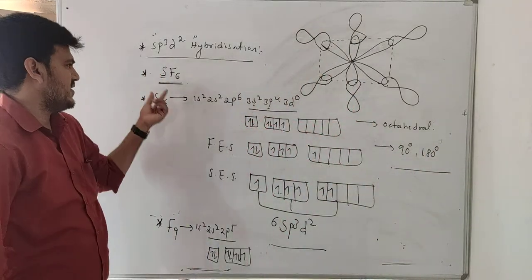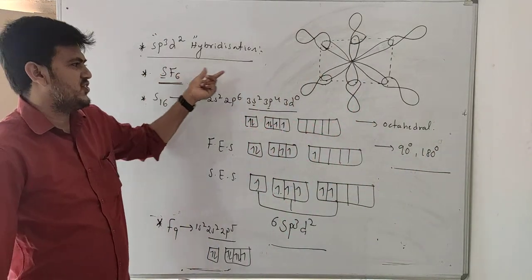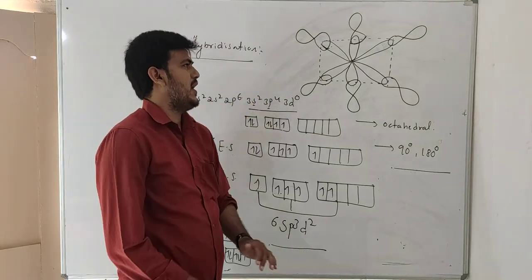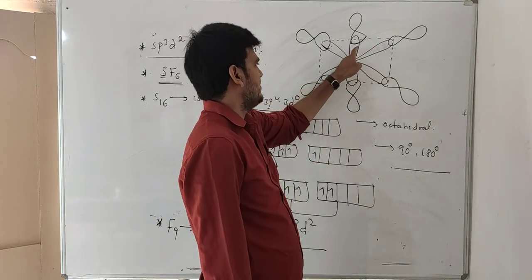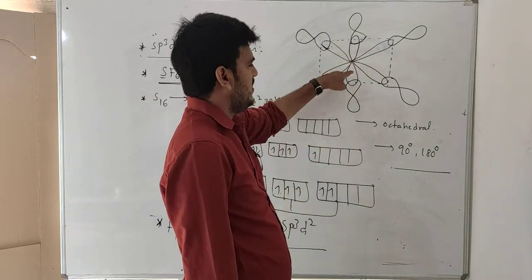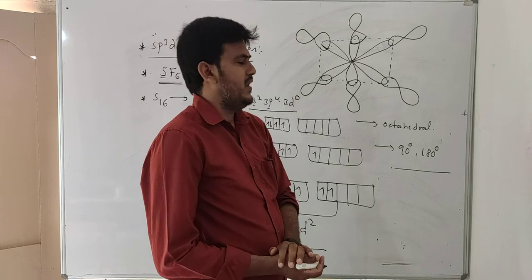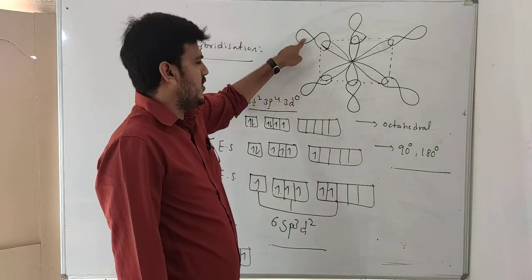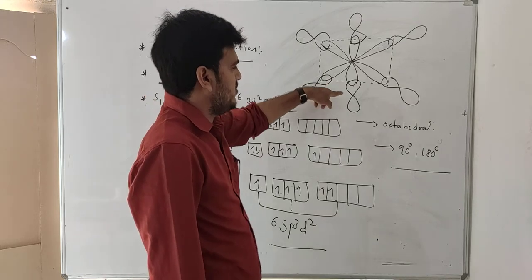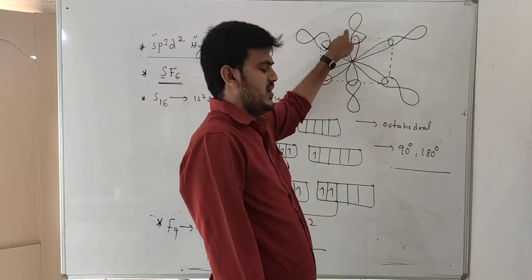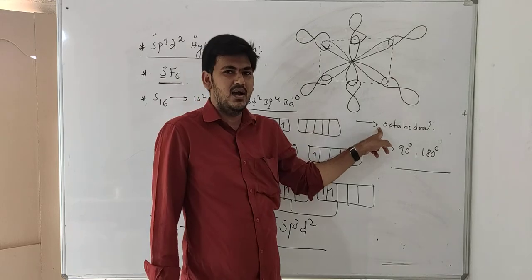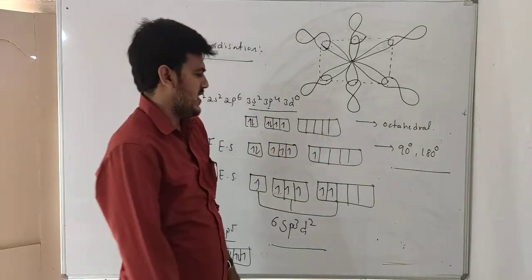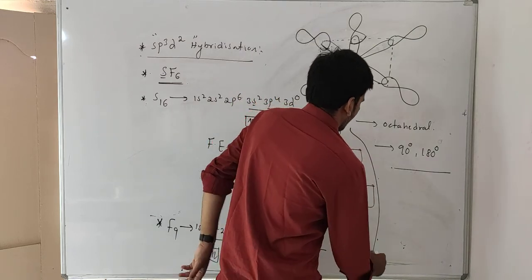First of all, 6 moles of SP3D2 hybrid orbitals: first one, second one, third one, fourth one, fifth one, sixth one. Next, 6 fluorine atoms: the pz orbital of first fluorine atom, second, third, fourth, fifth, sixth. The shape of the molecule is octahedral, and bond angles are 90 degrees and 180 degrees. And finally, the structure is very simple.